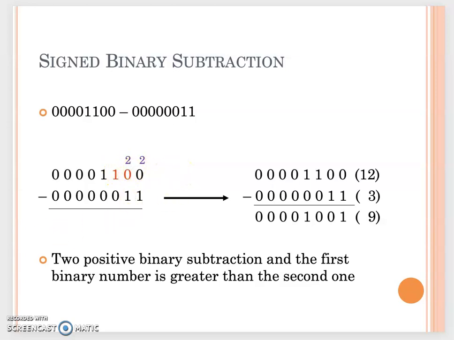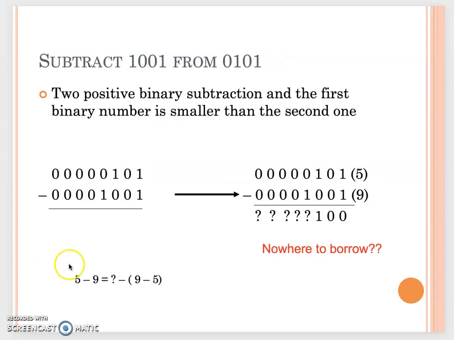But sometimes, for example, 5 minus 9, 5 is smaller than 9. How can you do 5 minus 9 using subtraction? We really cannot do 5 minus 9. Instead, we do 5 plus -9.